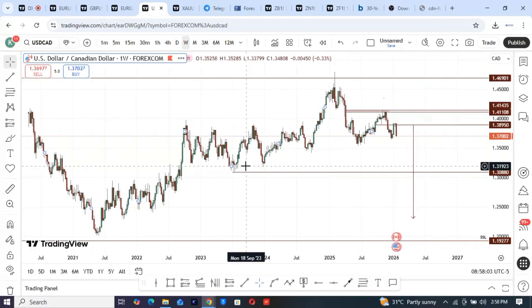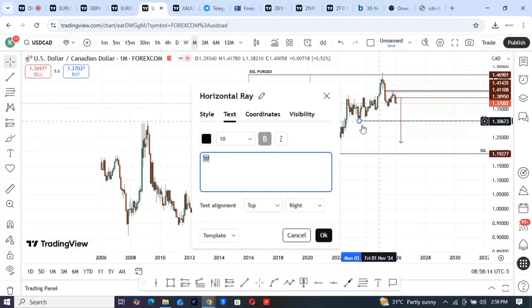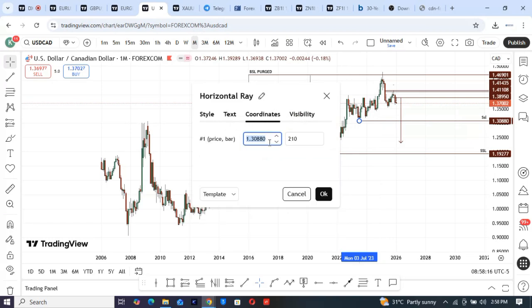This is going to be our near term for card, which will be 1.3 big figure.